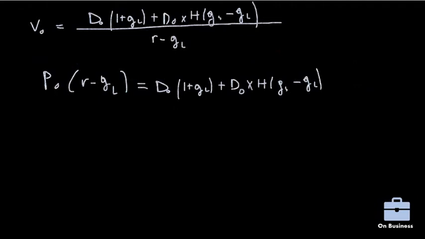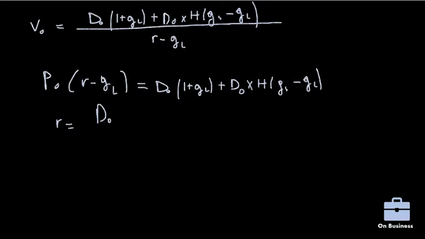One last thing I want to say is that I could rearrange this formula, assume that V0 is equal to the price in the market, and solve for the implied rate of return. So plugging P instead of V, I multiply by R minus GL and I divide by the numerator. Then if I keep rearranging the terms, I will have R equal to D0 over P0.